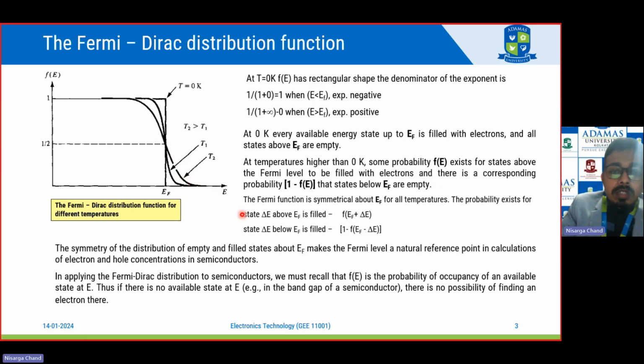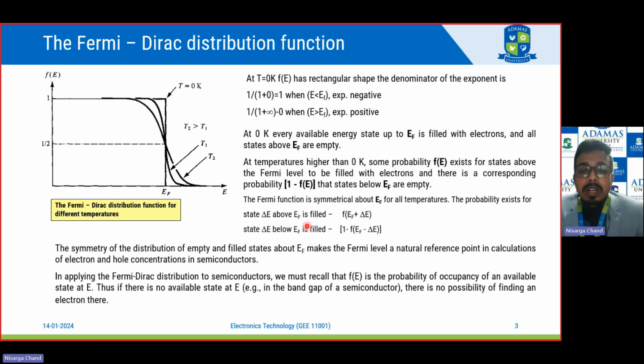So when you consider the function f of E, at temperatures higher than 0 Kelvin, some probability f of E exists for states above the Fermi level to be filled with electrons, and there is a corresponding probability 1 minus f of E that states below EF, the Fermi level, are empty.